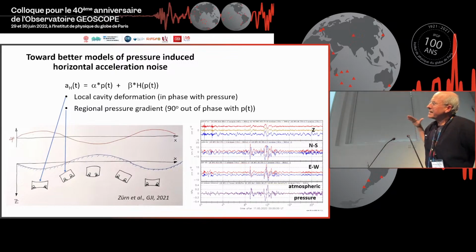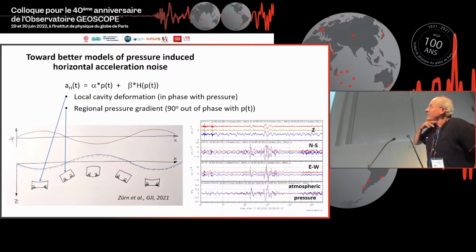Then if you have a gradient in pressure across the Black Forest Observatory, a regional pressure gradient, then the whole cavity, the whole mountain tilts, and also the chamber within the mountain, and both instruments see the same kind of tilt.